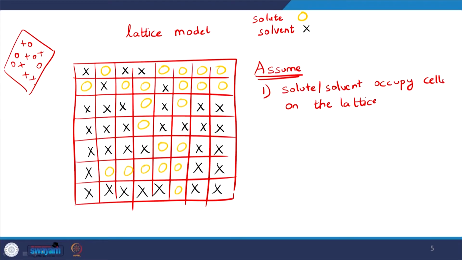On the other hand, if the same area was occupied by a continuous kind of a distribution, then there are infinite number of ways I can place a particle, right? So by constraining or by limiting the positions where the particles can be, we have actually got a huge reduction in the dimension of the problem we are trying to solve, right? That is the first advantage. That's why I say I am working with a reduced phase space.